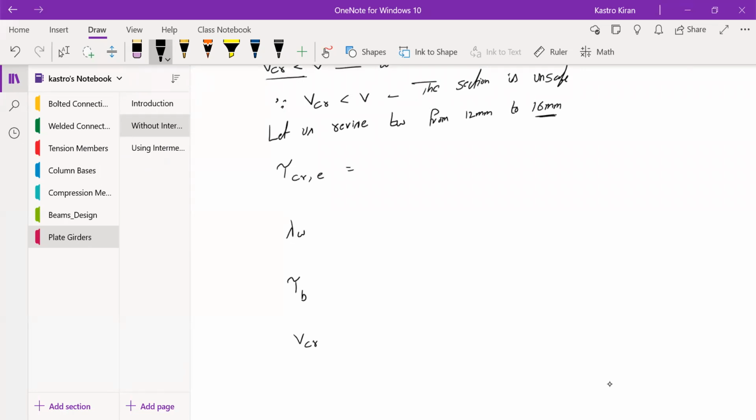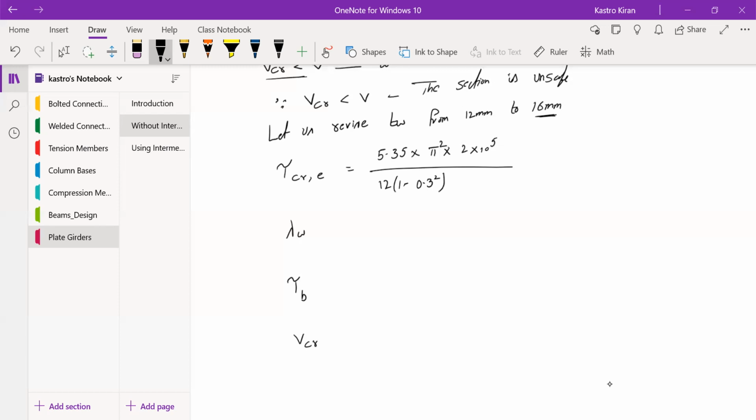I'll directly write the values here: kV pi square E divided by 12 into 1 minus nu square. You have that formula, right? So I'm directly solving the values. kV is 5.35 into pi square into 2 into 10 power 5, which is the Young's modulus of steel, divided by 12 into 1 minus nu square, which is 0.3 square.